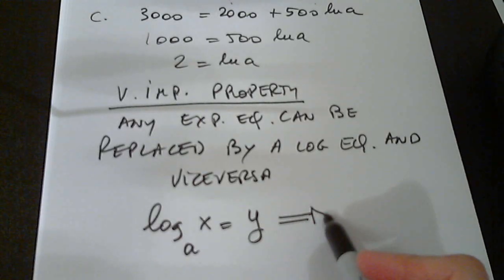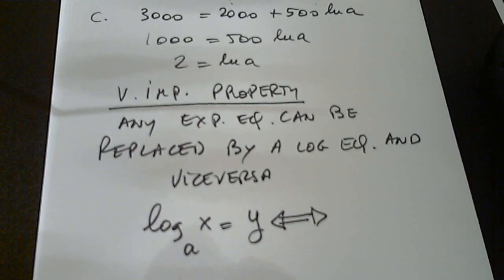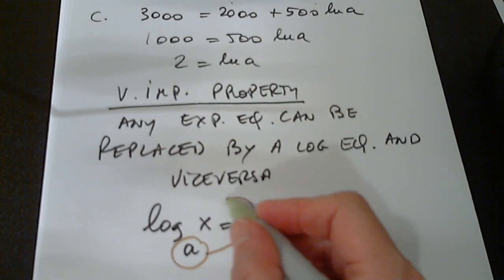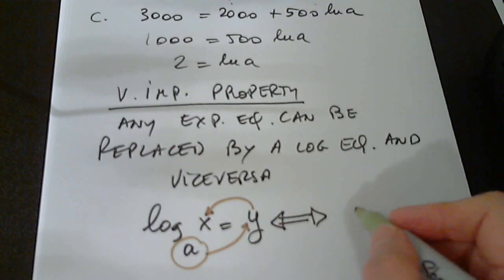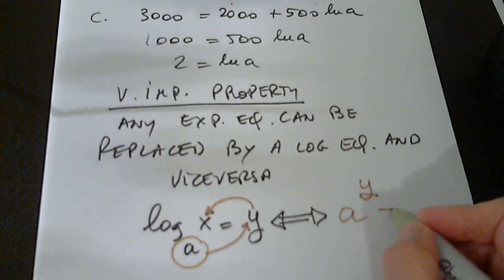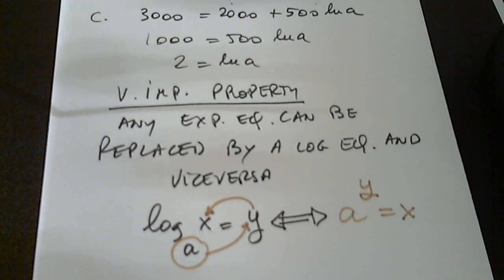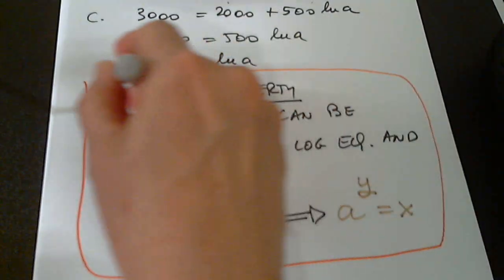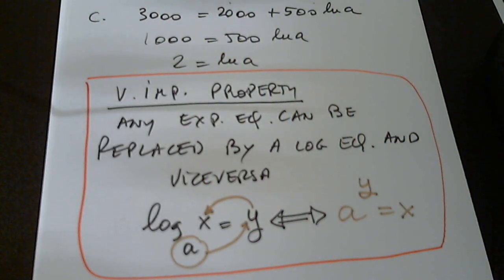This is equivalent to, and here's how we do it, a raised to this power equals this: a raised to y equals x. This is a super important property that says any log equation can be replaced by an exponential, and any exponential can be replaced by a log.